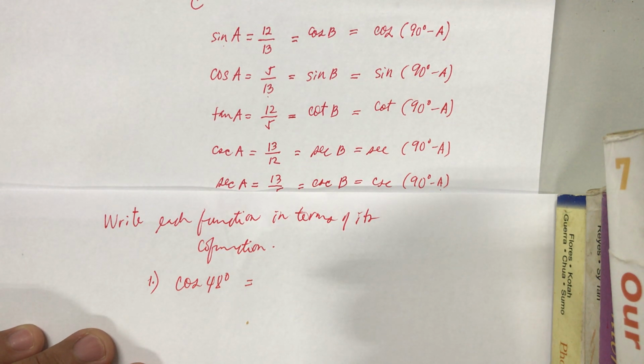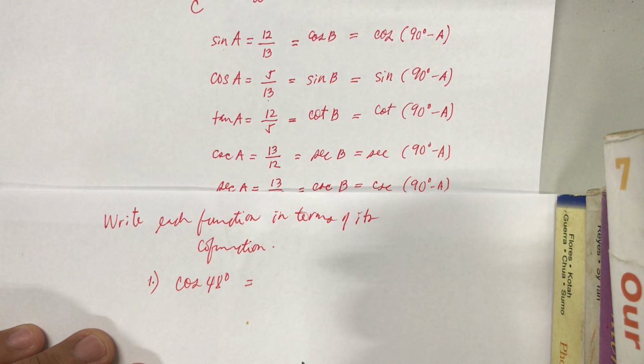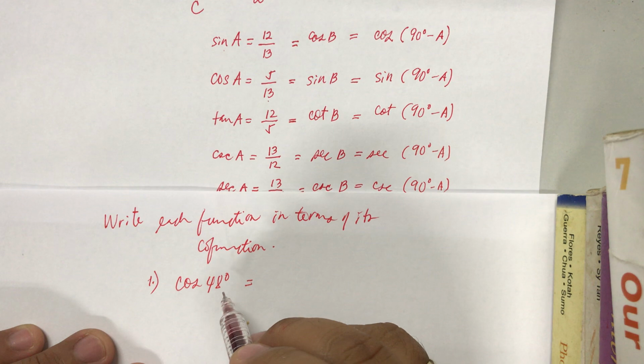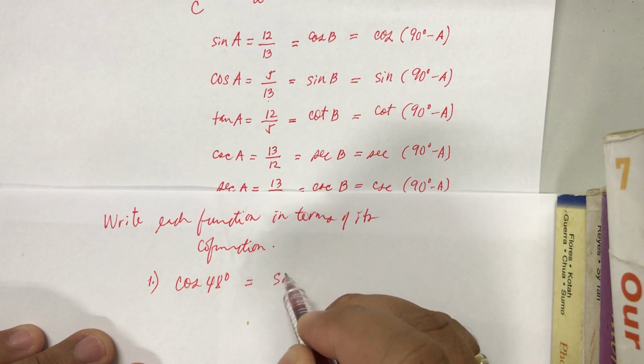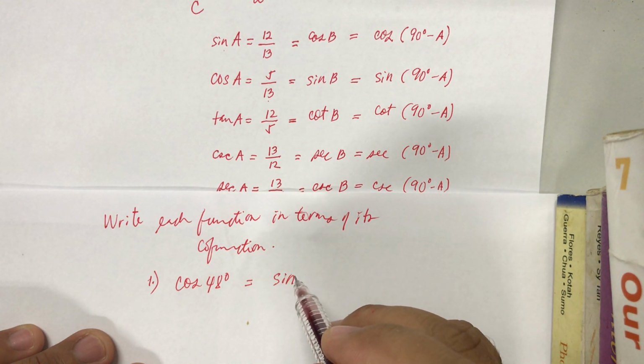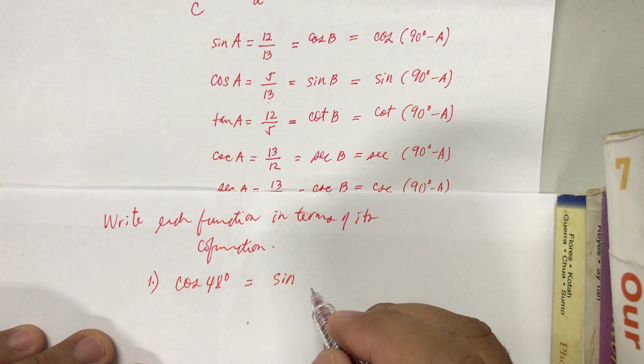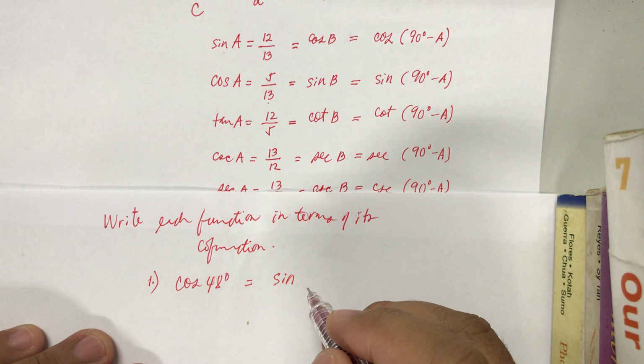Sine, cosine. Cofunction. Okay. Isn't that logical? So, cosine 48 degrees would be equal to sine of what angle? That would be sine of the angle which is complementary to the given angle.